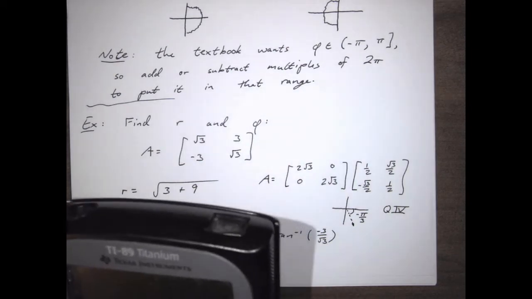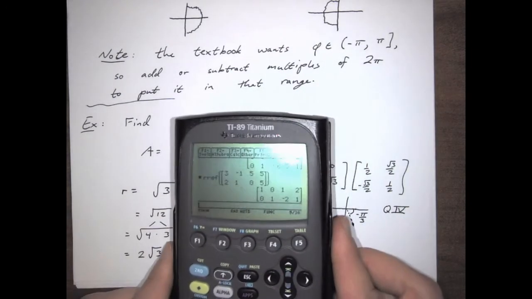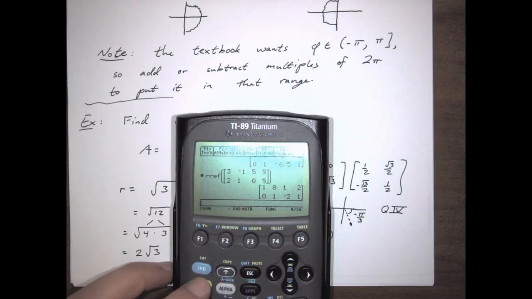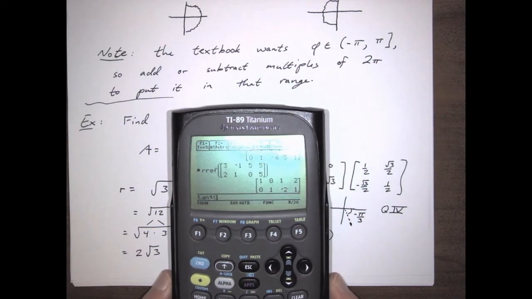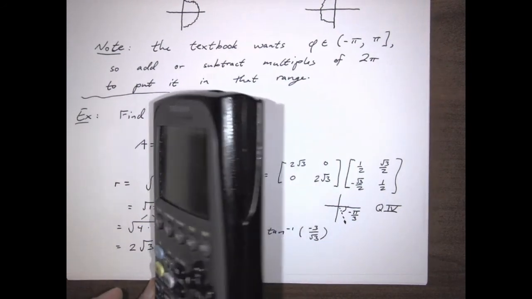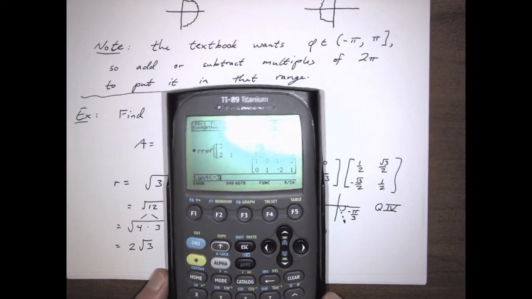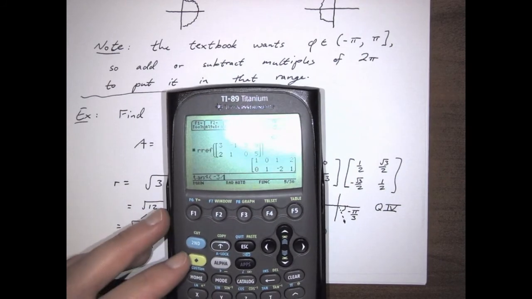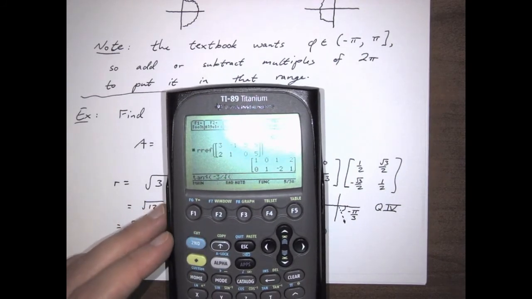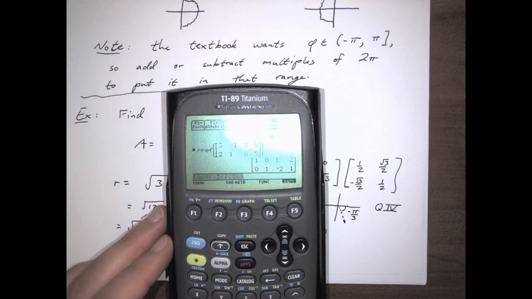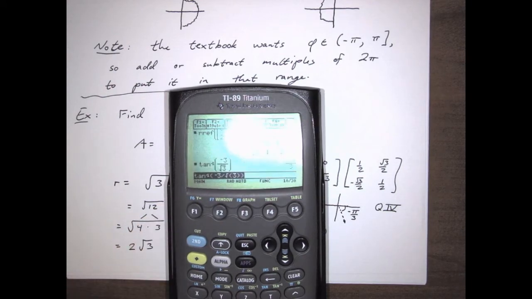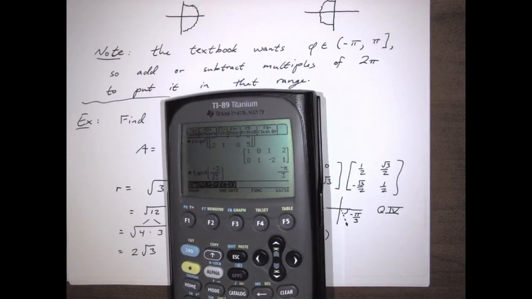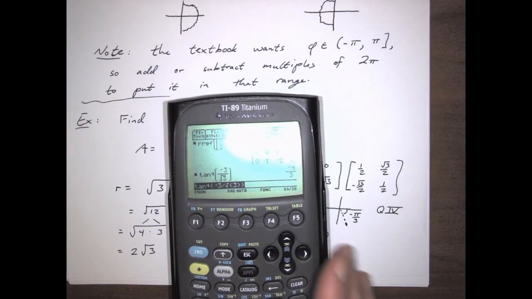You can just use a calculator and have your calculator do the hard work for you. So if you have a TI-89, you can do a tangent inverse, and then negative 3 divided by the square root of 3, and a TI-89 would be perfectly capable of telling you that it's negative pi over 3.